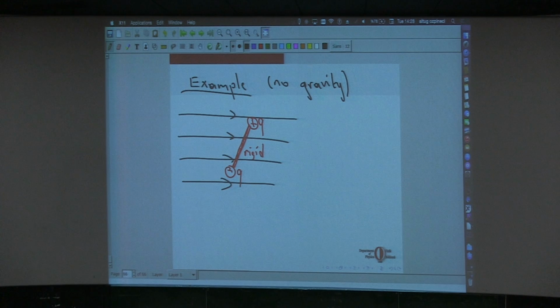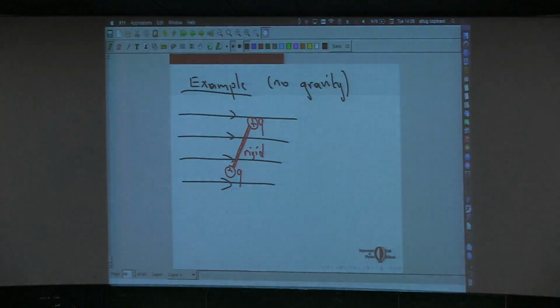Why do you say so? The system has no net charge, so your friend says that there is no net force. Well, if the electric field was not uniform, although the system doesn't have any net charge, there would still be a net force acting on it. But since the electric field is uniform, your answer is right for this special system.